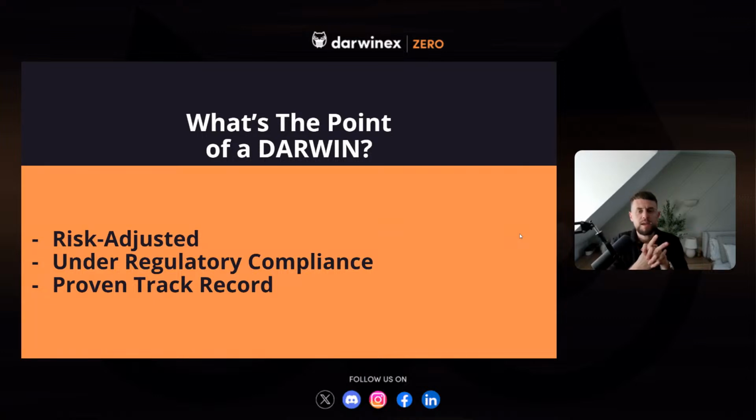Now, the second one is you come under Darwinex's regulatory compliance. Now, this is a huge one because depending on where you are in the world, to get the regulatory compliance that you would need to actively manage capital and to take investor capital in, it's going to cost you a significant amount of money. It's going to be a long time and it's going to be a lot of headaches. And even then, you might get rejected for it.